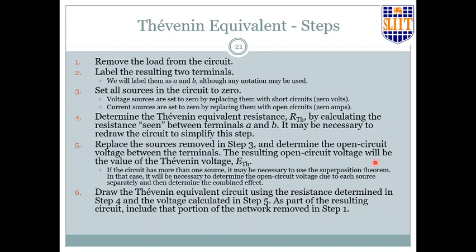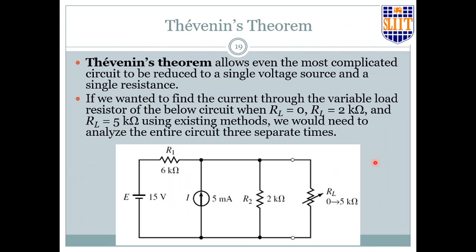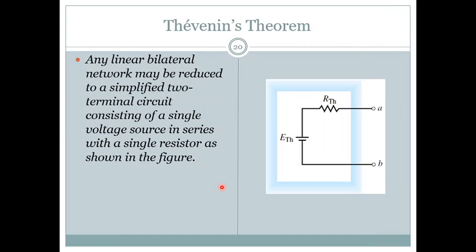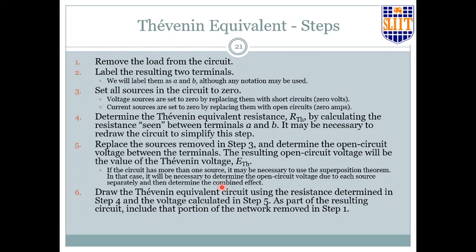Then set all the sources in the circuit to 0, meaning that voltage sources will be short circuited and current sources will be open circuited. And determine the Thevenin's equivalent resistance RTH by calculating the resistance seen between the 2 terminals. So if you measure the resistance between the 2 terminals in this circuit, once you remove all these sources, that will be the Thevenin's resistance.